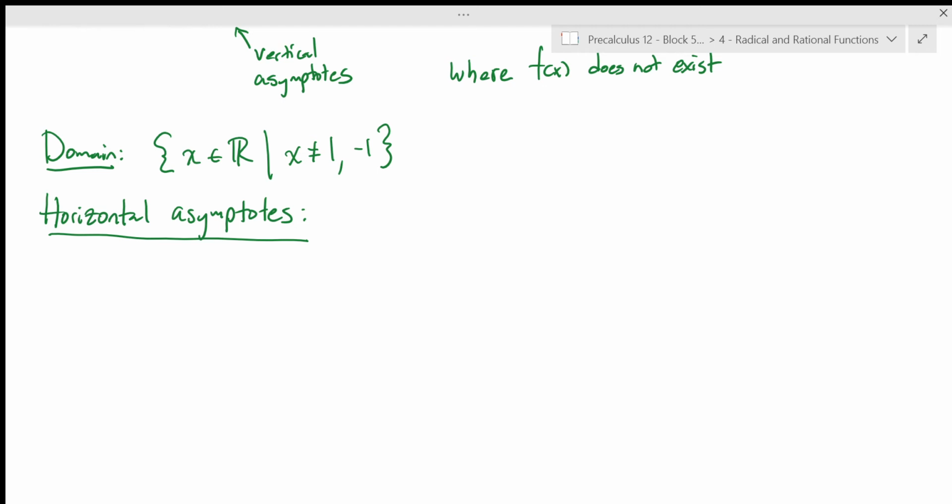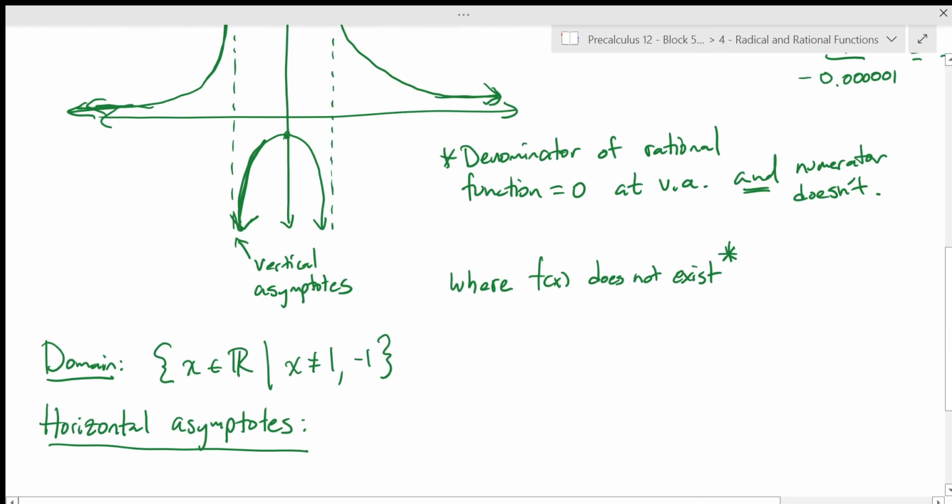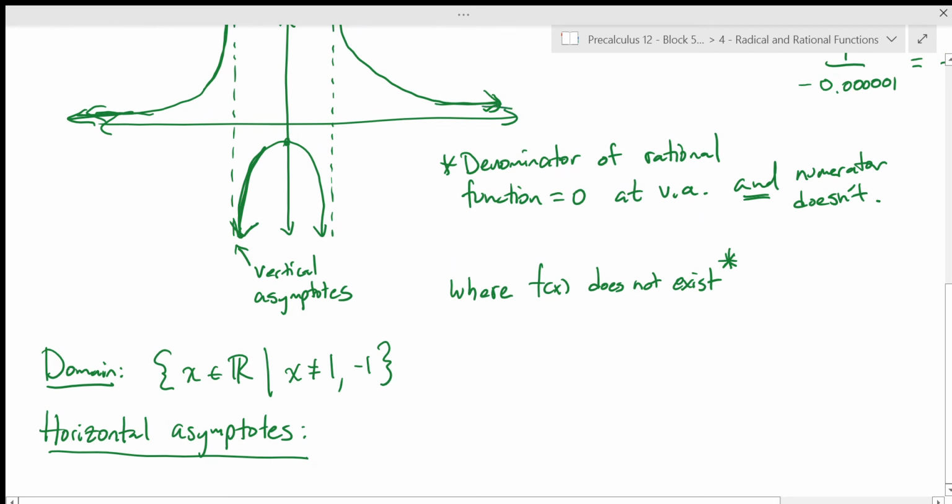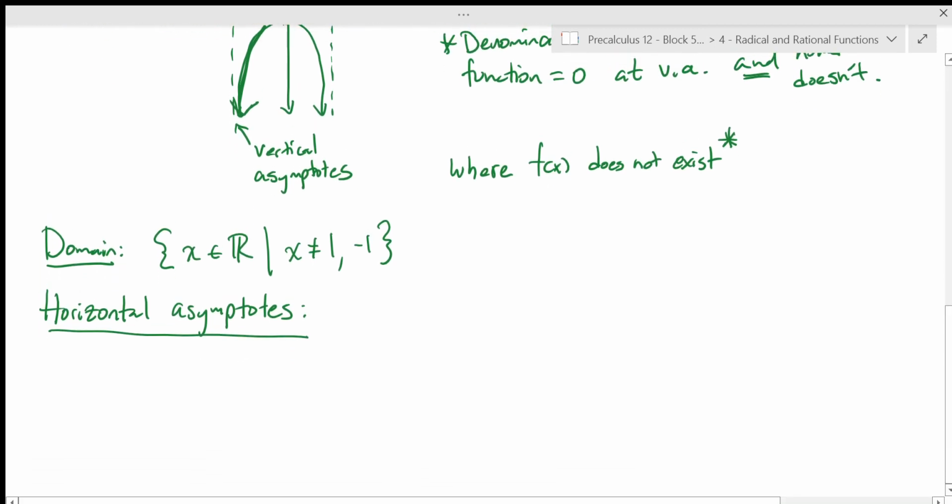Is your function just getting bigger and bigger or smaller and smaller? In that case, it probably doesn't have a horizontal asymptote. If, however, it is approaching a fixed value, like our function up here, if you keep drawing it and drawing it, it will get really, really close to 0. So this is a horizontal asymptote.